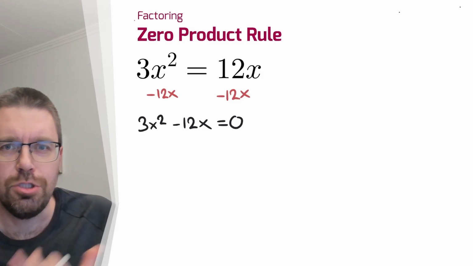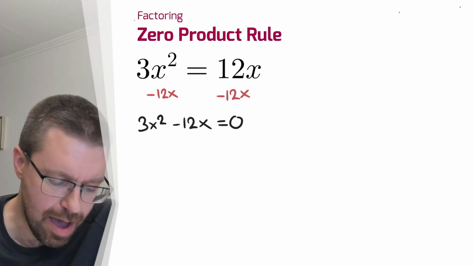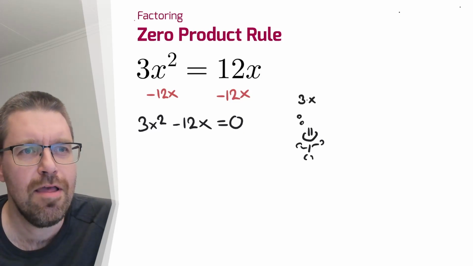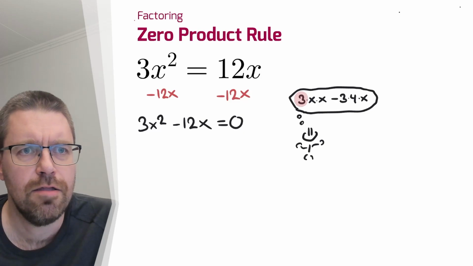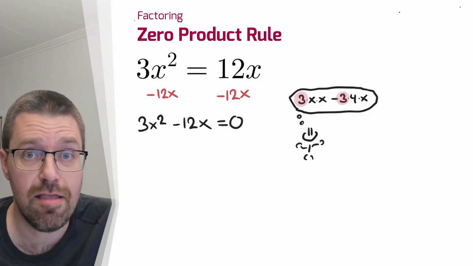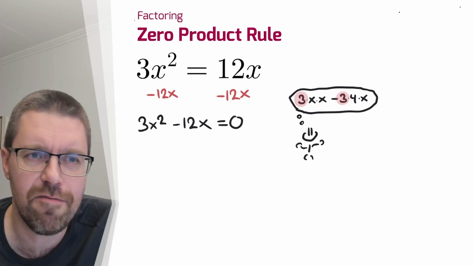Then we have to find some common factors in 3x squared and minus 12x. The common factors are 3 in both terms, because 3x squared equals 3 times x times x, and minus 12x equals minus 3 times 4 times x.